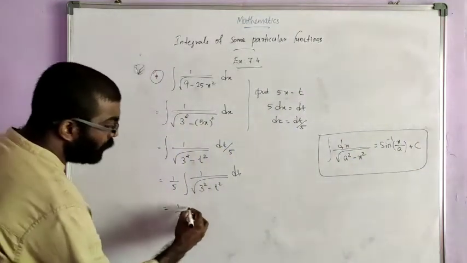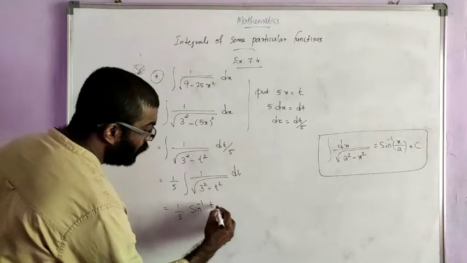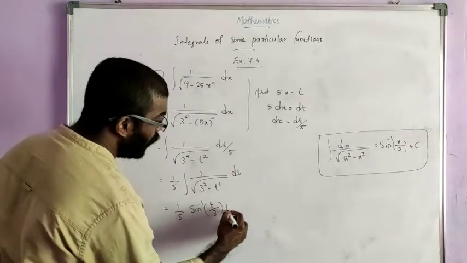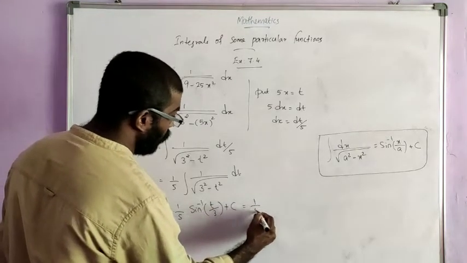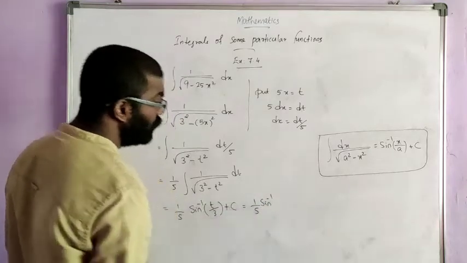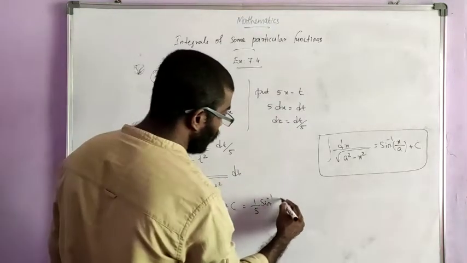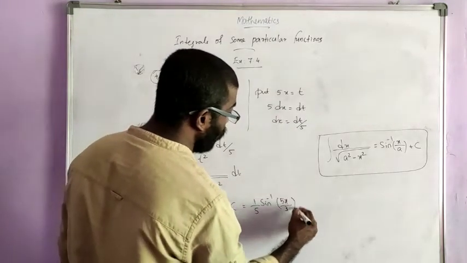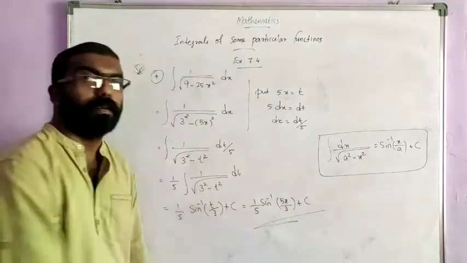So here we can write sin inverse t by 3 plus c. That is 1 by 5 into sin inverse, t value is 5x, 5x by 3 plus c.